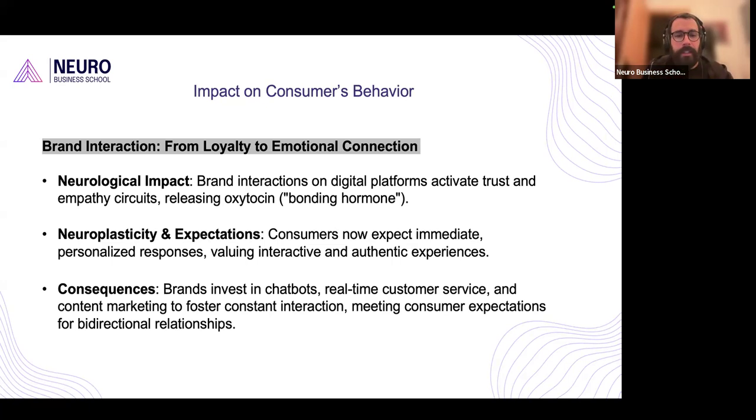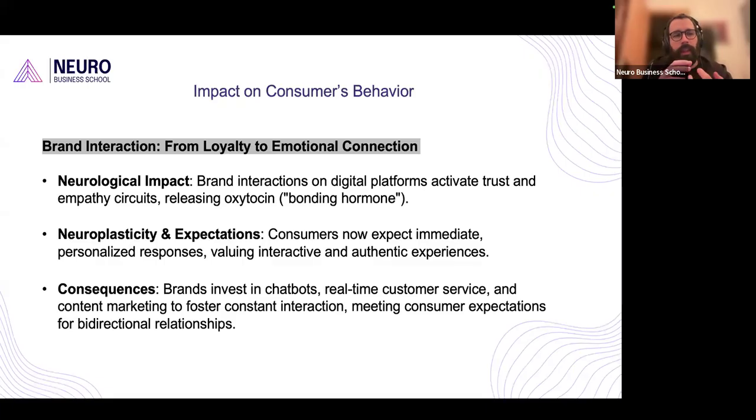Okay. Neuroplasticity and expectation. What happened in this case? Well, consumers now expect immediate, personalized responses, valuing interactive and authentic experiences. So people are not only interested in relevant content, they are also interested in interactive communication, in experiences that they can fit with or match with.